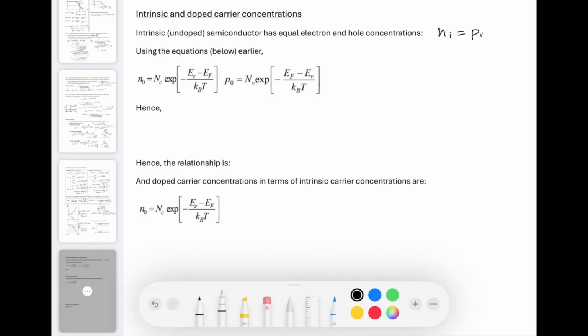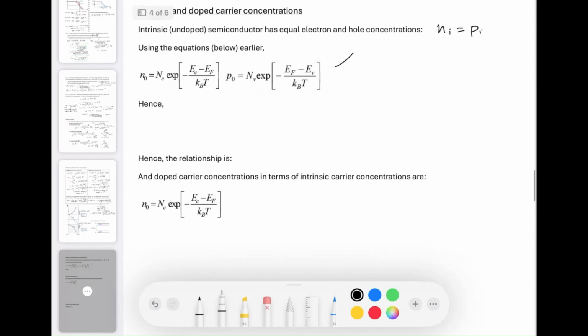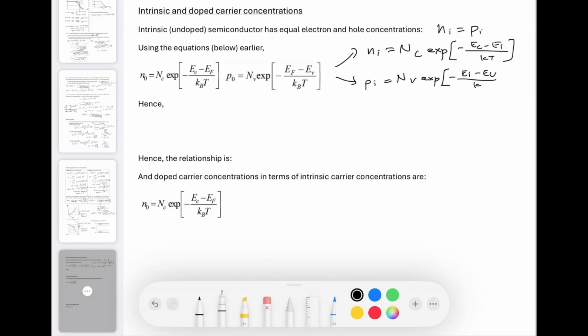Using the equations we got earlier, we can get Ni is equal to Nc times exponential of negative Ec minus Ei over kT, and Pi is equal to Nv times exponential of negative Ei minus Ev over kT.